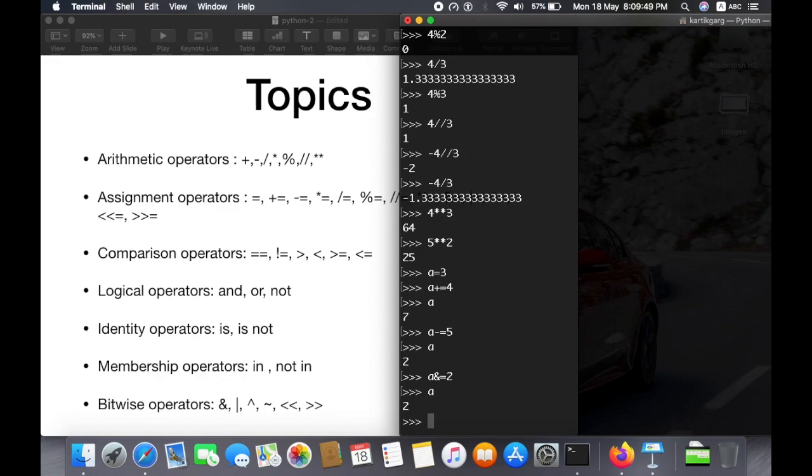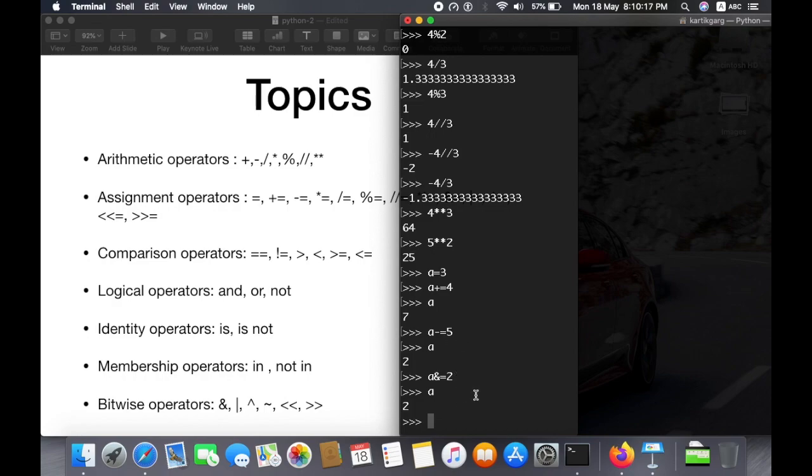Actually, what happens in this case is, it is a bitwise operator, and what it does is it converts the value of the variable to binary and then treats the other operand by converting it to binary. It performs the AND operation on the operands.